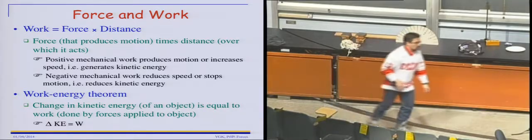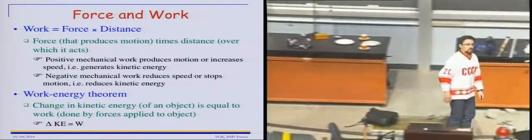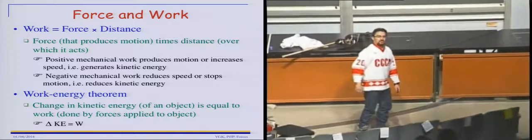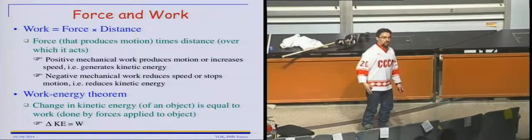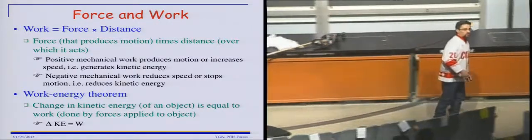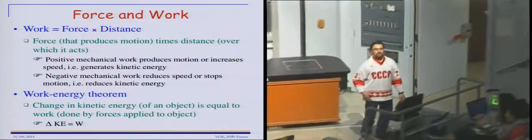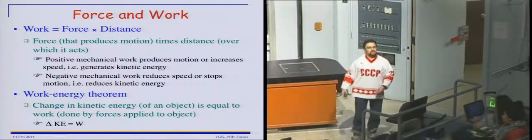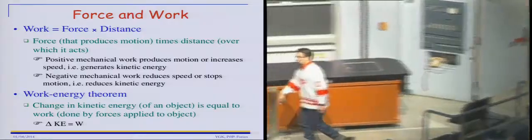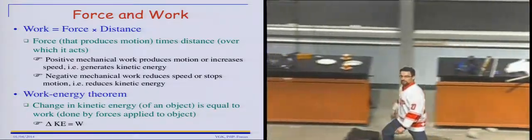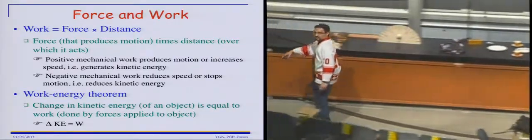So again, I can apply a force over a long distance, and that generates a large amount of work. If I apply the same amount of force over a short distance, the work is smaller, the change in the speed is smaller. So again, if you want to brake completely, you need to apply a force over a longer distance.